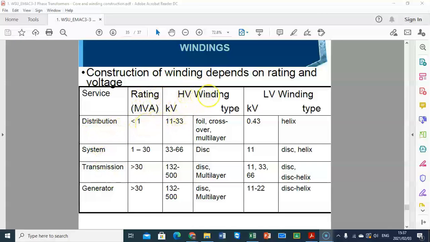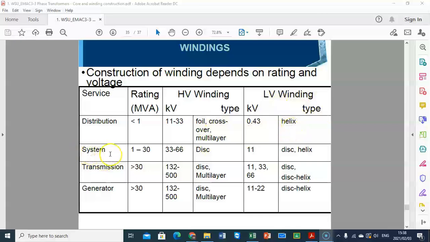The voltage of the high voltage side will be 11 or 33 kilovolt, and the voltage of the low voltage winding, which is the voltage we get on the consumer side, is 430 volt or 0.43 kilovolt. This low voltage side is the voltage for three phase, and we can get a single phase out of that. The type of winding for distribution transformers can be full or crossover or multi-layer, and for the low voltage winding it can be helix.